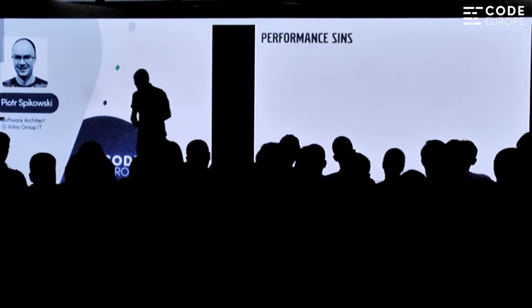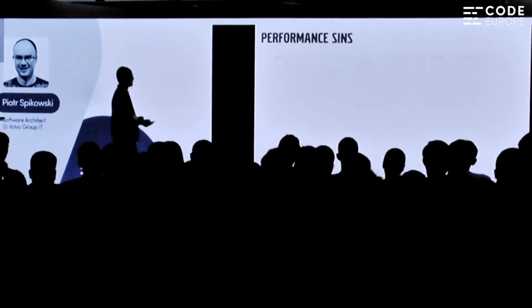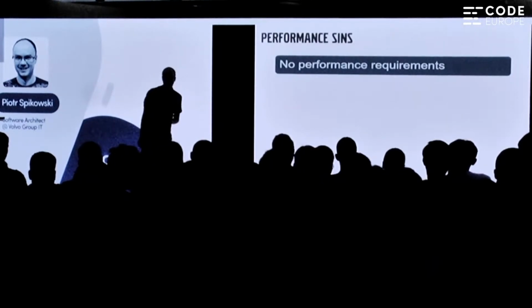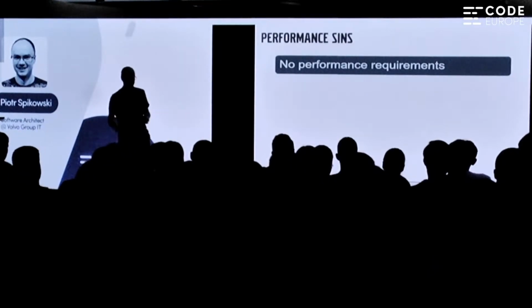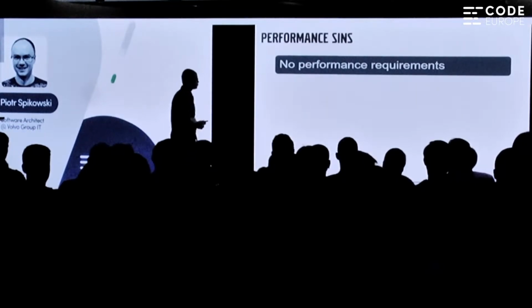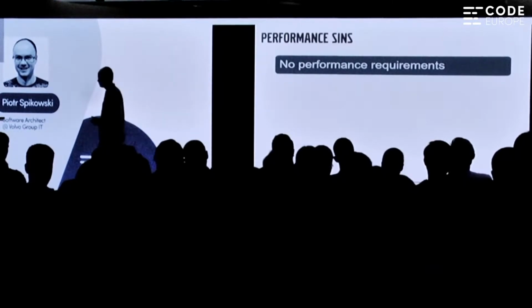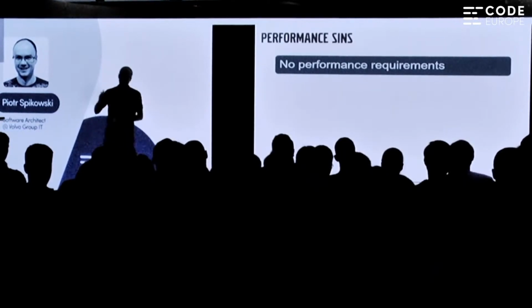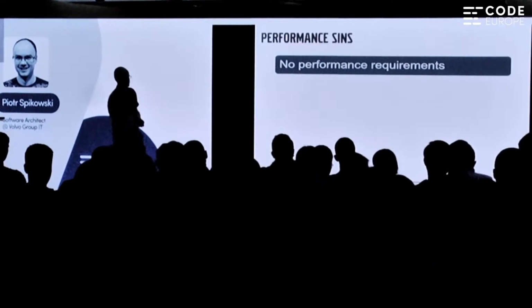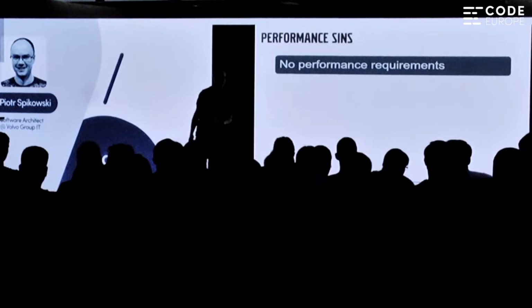And then we come to some theory before we go into some examples from the code: theory about what the common sins are and how we see those sins. First of all, we often have a tendency to skip performance when we define our requirements. So we often collect standard requirements, but we do not even think about performance.